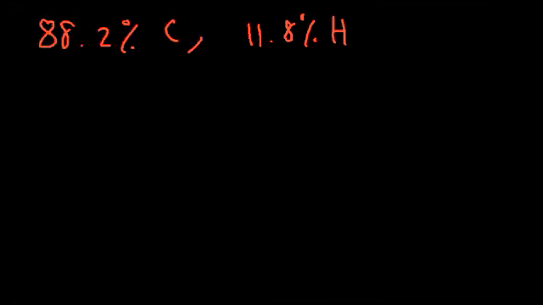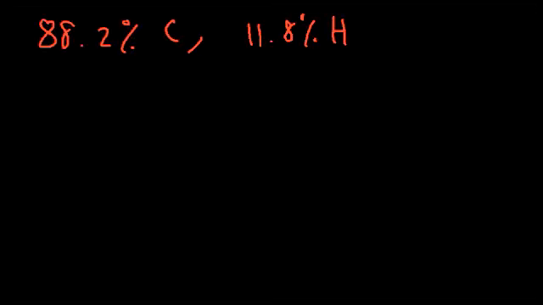Now, sometimes you might have the percent composition of a hydrocarbon, and you may need to find the empirical formula. So let's say a hydrocarbon, which consists only of carbon and hydrogen, has a mass percent of 88.2 for carbon, and the mass percent for hydrogen is 11.8%. So in the last example, we were given the grams of the elements.